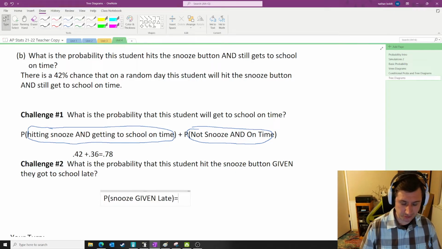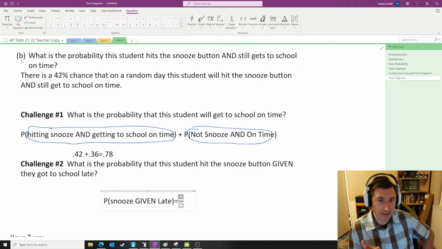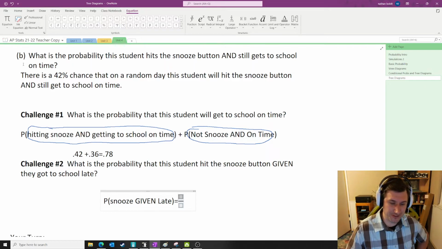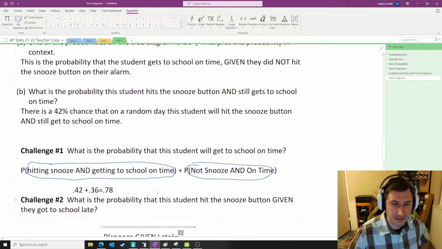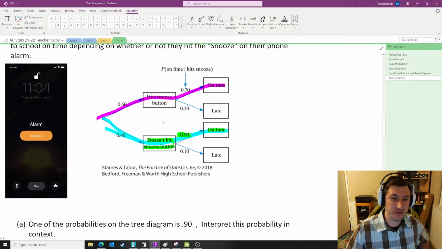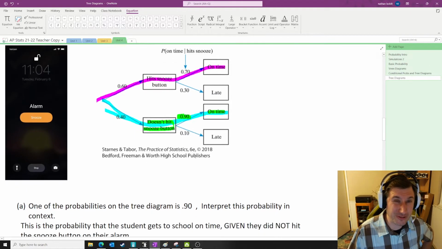Now, conditionals should be easy with a tree diagram. The problem is this is a different conditional. This is given that they were late. Our tree diagram is set up to be given they hit the snooze button. Oh, so now we got to go backwards somehow. How do we do that?